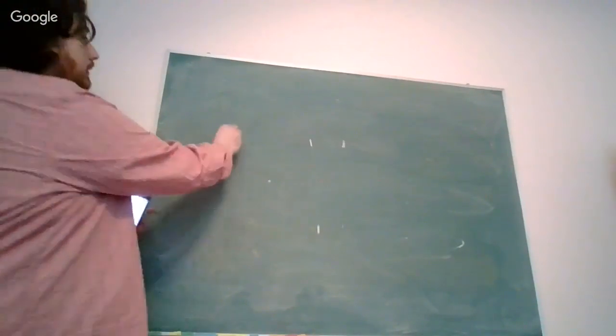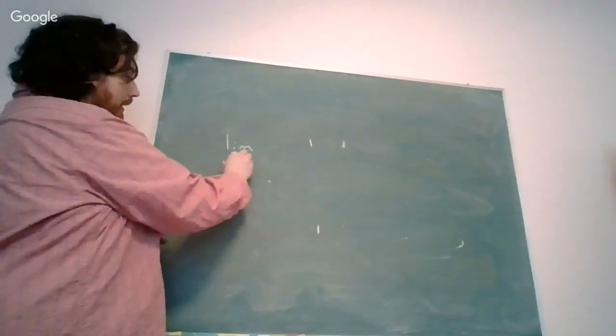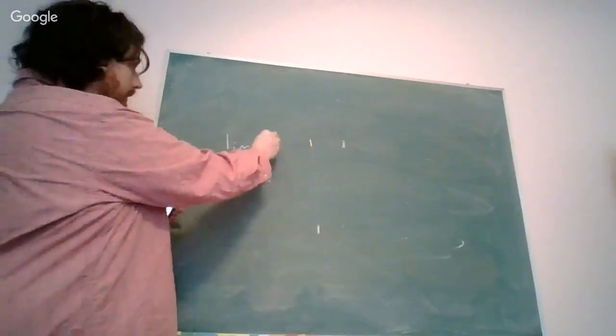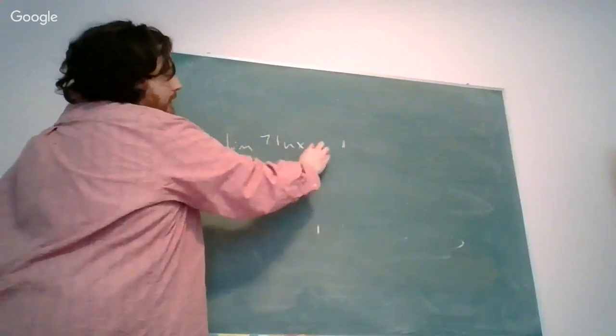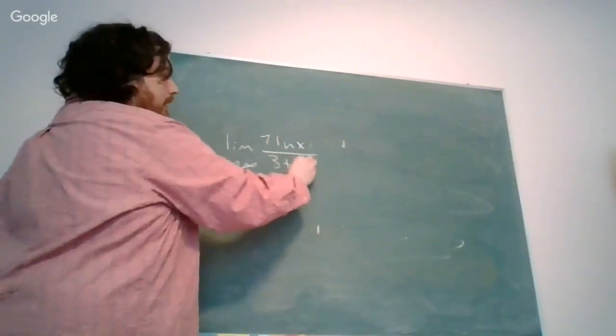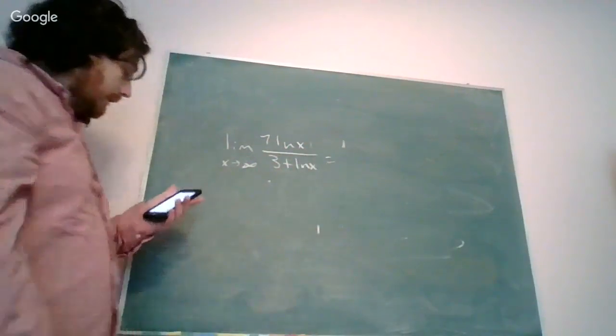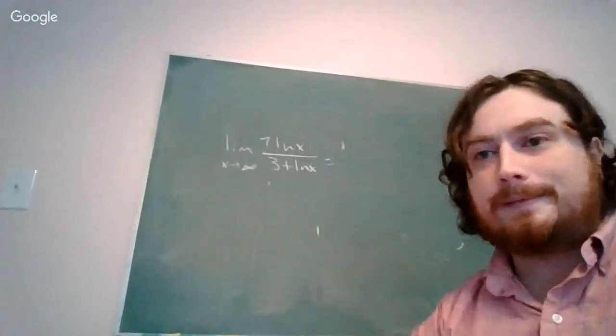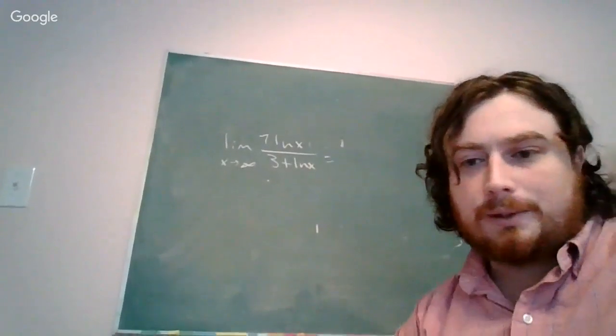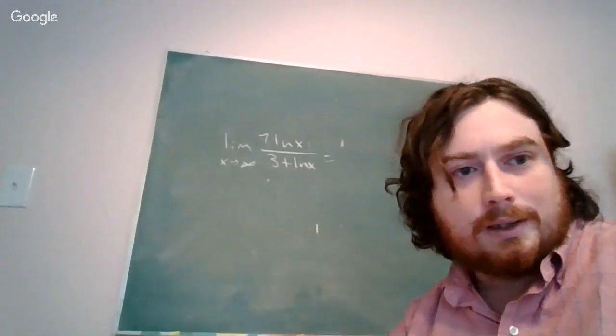All right, so, sorry, the first one was from the final review. We have 7 natural log of x divided by 3 plus log of x, and I want to find the limit as x goes towards infinity.